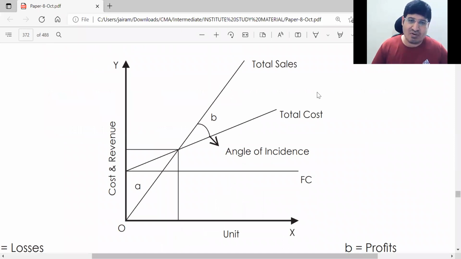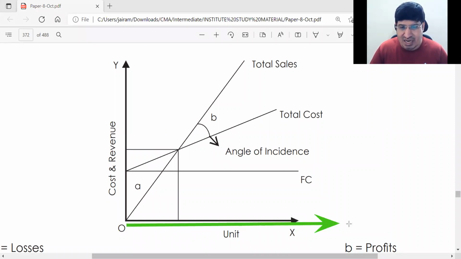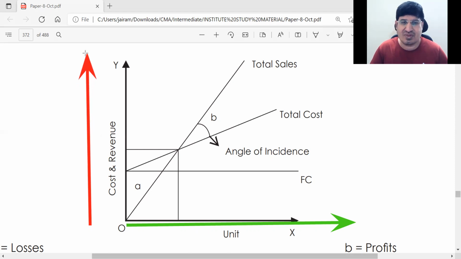Okay, so always remember, these are all break even charts. All units जो है आपके x axis में होते हैं, all units. Unit 1 2 3 x axis में आपको डालना है. और यहाँ पे जो है रुपीज रहेंगे. What will come here in the y axis is rupees.